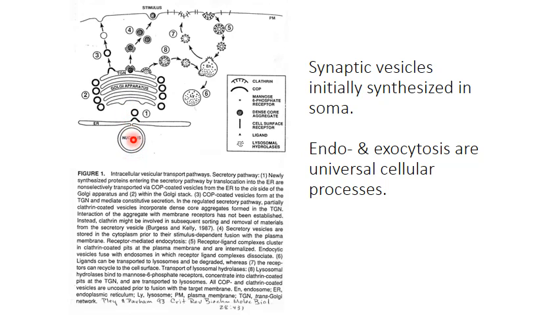And then these new synaptic vesicles travel all the way down the axon on axonal transport, which is a relatively slow process. So those kinds of neurotransmitter packages are very slow to regenerate at the nerve terminal.